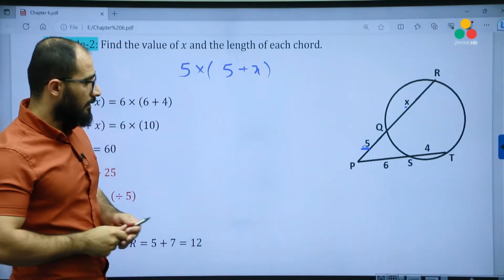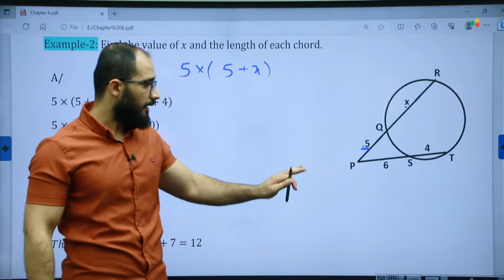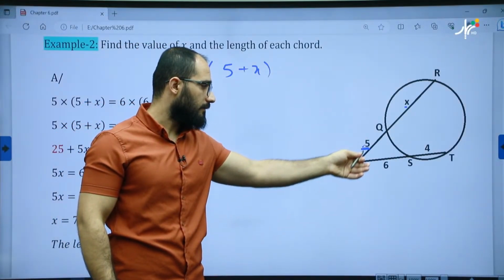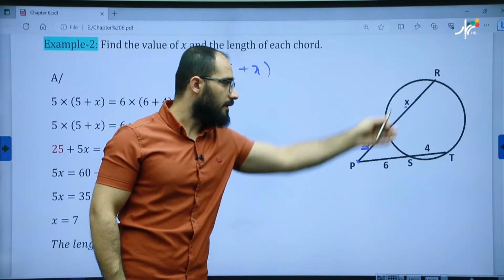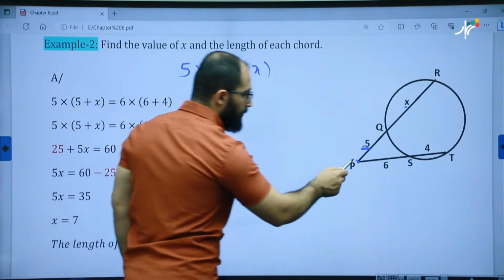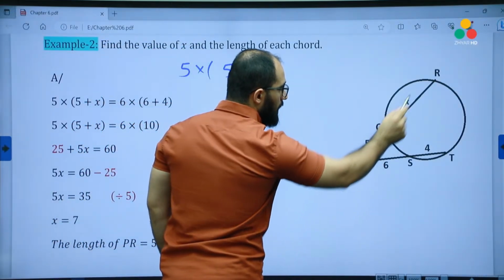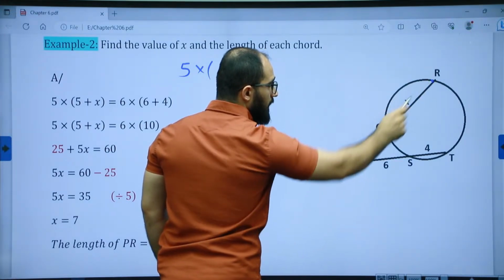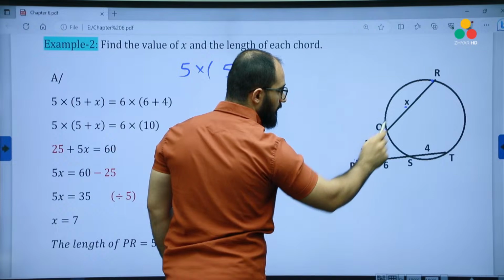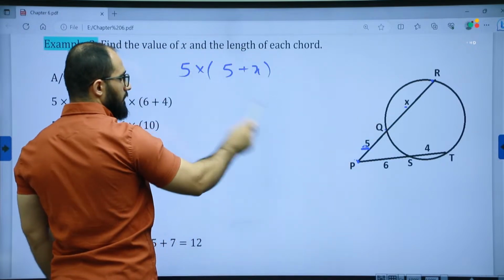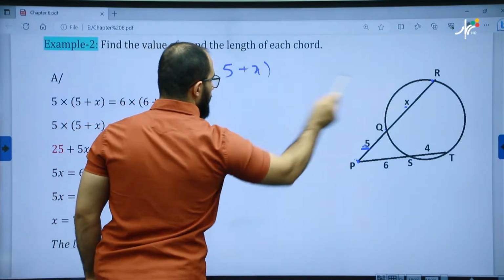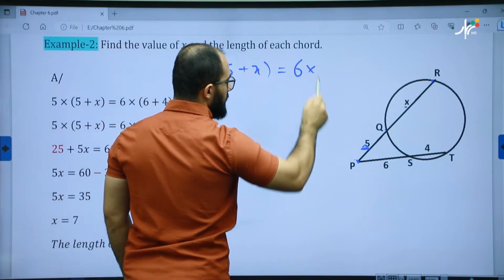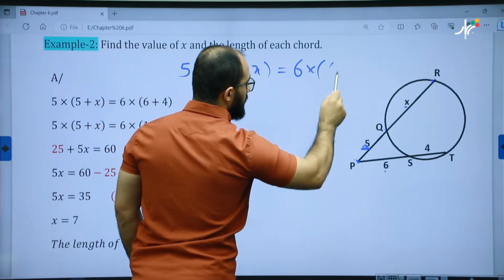Again, 5, we start in the head of the angle here. 5 times 5 plus x, because PQ is 5, Q until R is x. To write the length of PR is 5 plus x. 5 times 5 plus x equal 6 times 6 plus 4.